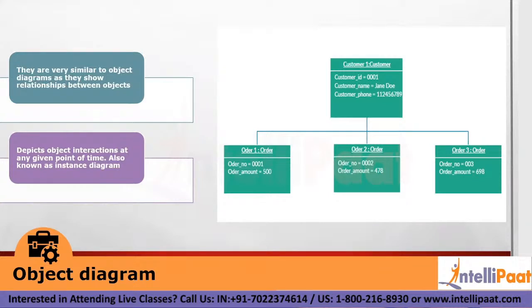A class diagram also shows you relationships, but the main focus is on the specific classes themselves, on the behavior of the classes, what attributes are available, what the relationships between these entities are, and so on and so forth. However, an object diagram is one level above a class diagram. It basically depicts the interactions at any given point of time. It's also known as an instance diagram.